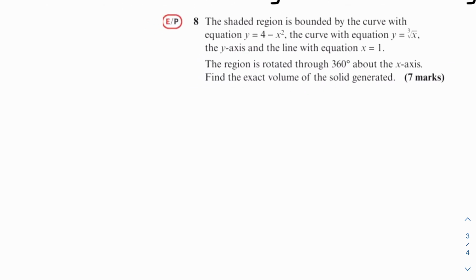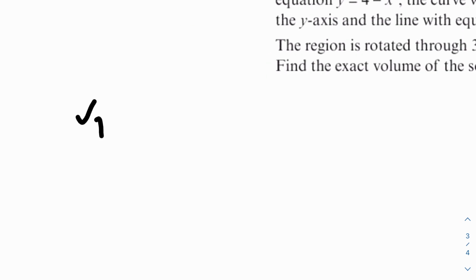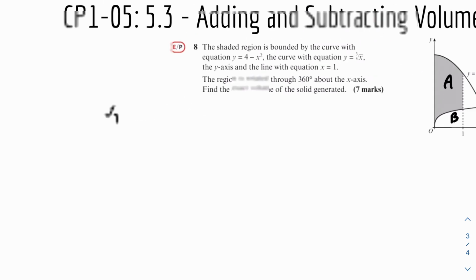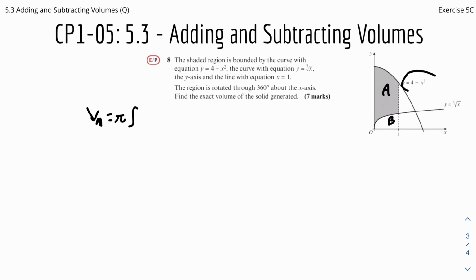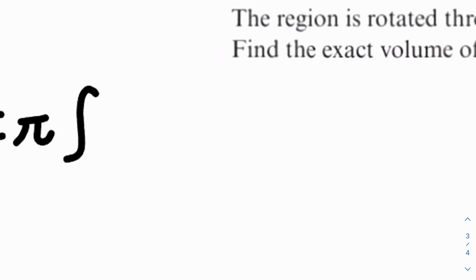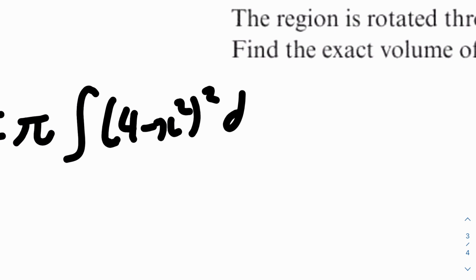So volume A is equal to pi times the integral of y squared. So y is 4 minus x squared, so it's 4 minus x squared, all squared, dx from x equals 0 to x equals 1.